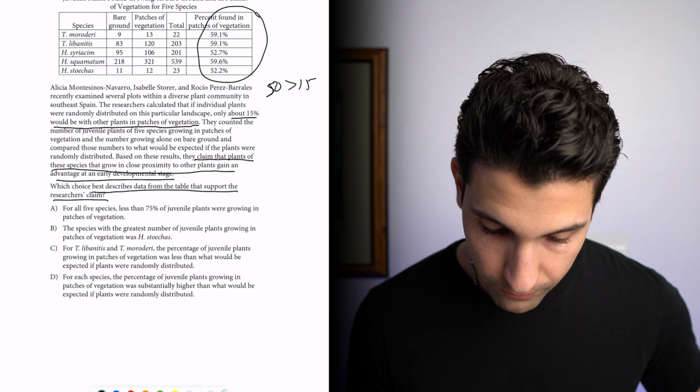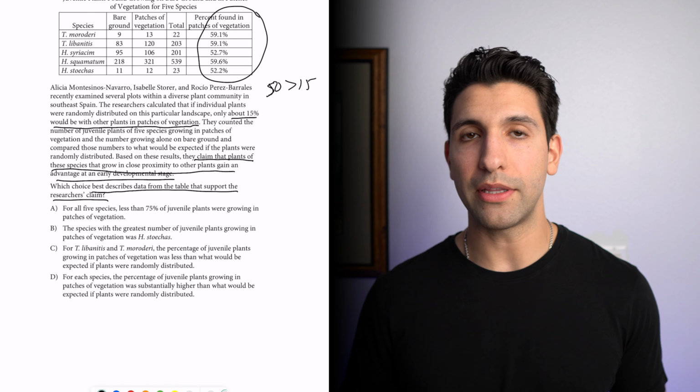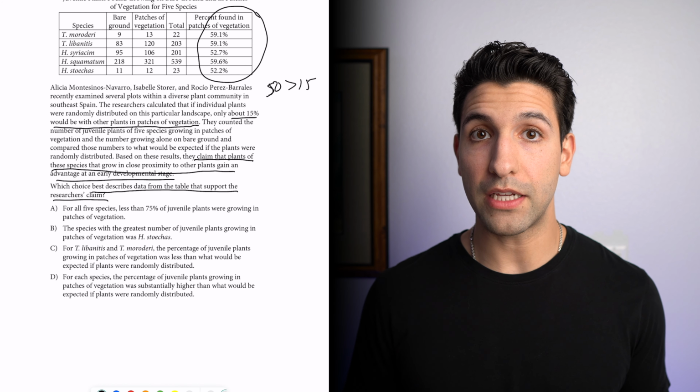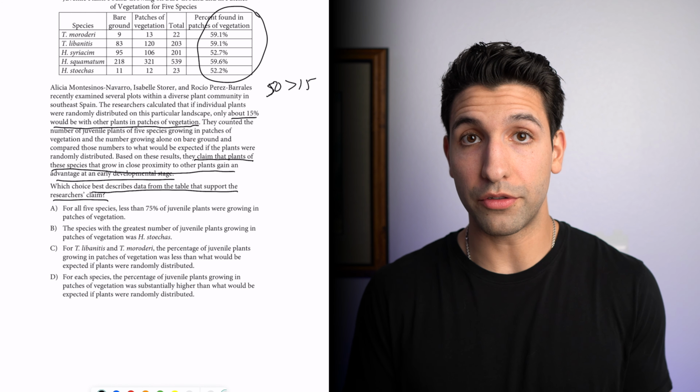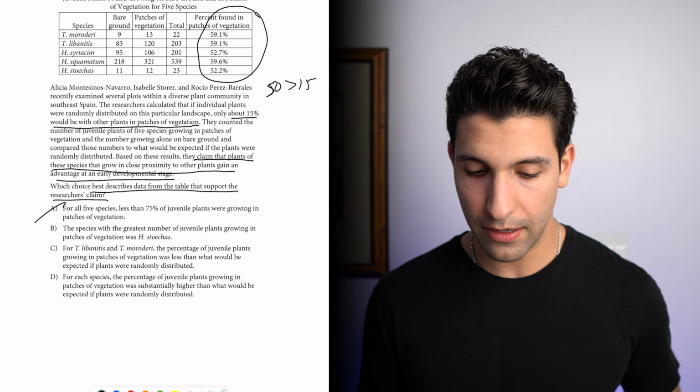So for all 5 species, less than 75% of juvenile plants were growing in patches of vegetation. Well, that doesn't really support or show the relationship between that 50% was greater than 15 and that things grew closer together in patches of vegetation, so that crosses that out. The species with the greatest number of juvenile plants growing in patches of vegetation was the H. stoicus.